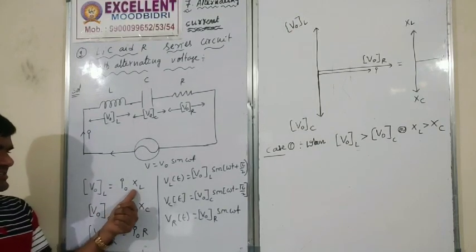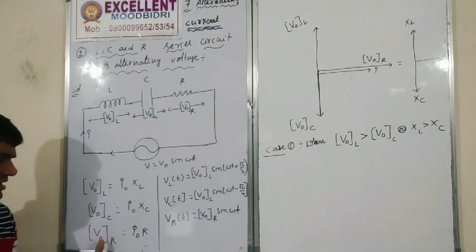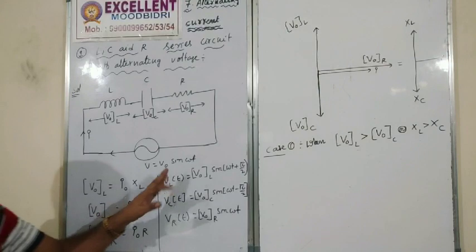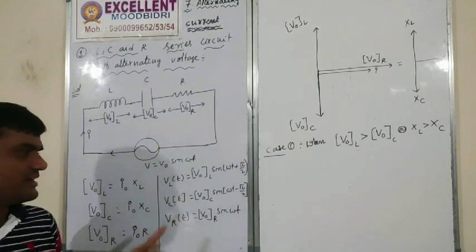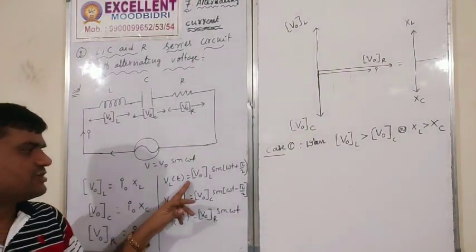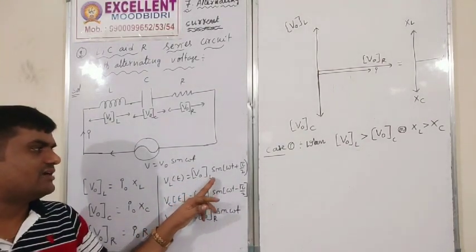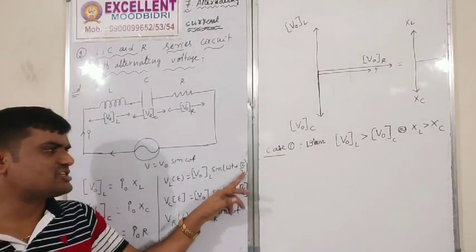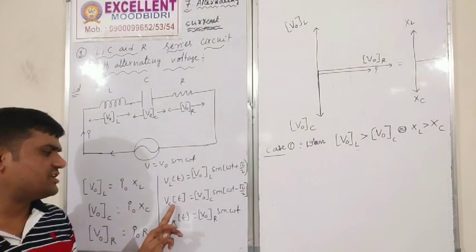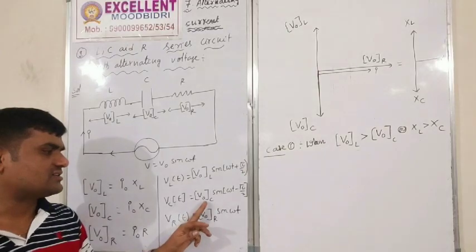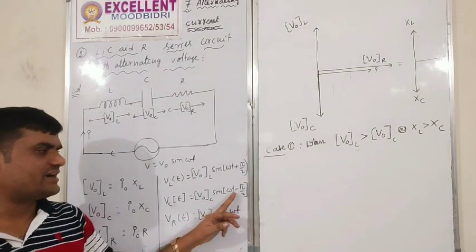The inductor has XL, the capacitor XC, and next the resistor R. So the voltage formulas: VL with respect to time is V naught L sin omega t plus pi by 2, and VC with respect to time is V naught C sin omega t minus pi by 2.